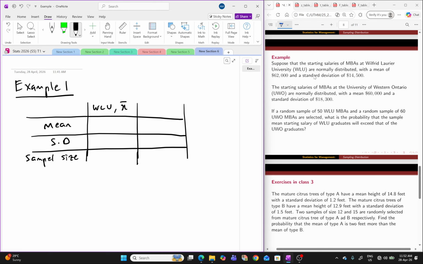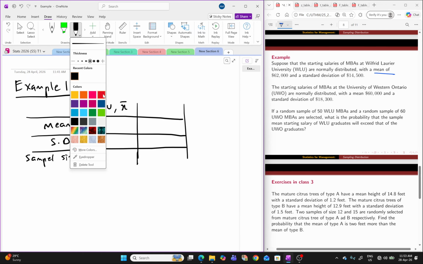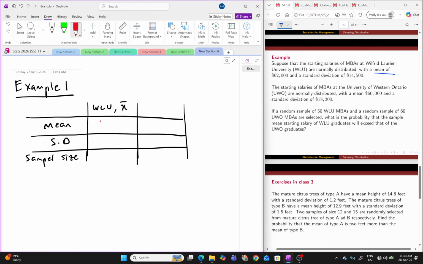Mean is 60,000 and standard deviation is 14.